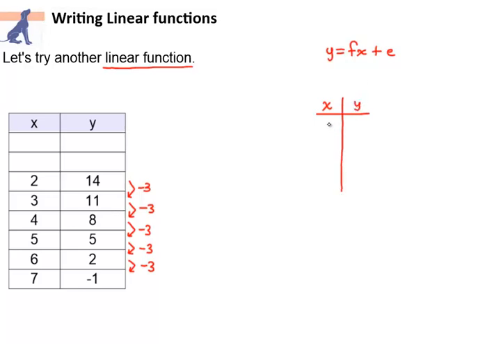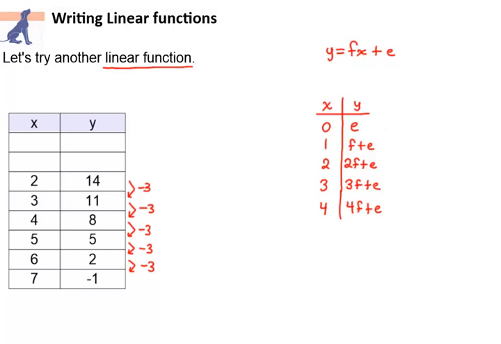So let's write my finite table. Here's my y. 0, 1, 2, 3, and 4. Okay, if I plug 0 in, I get e. If I plug 1 in, I get f plus e. If I plug 2 in, I get 2f plus e, 3f plus e, and 4f plus e.